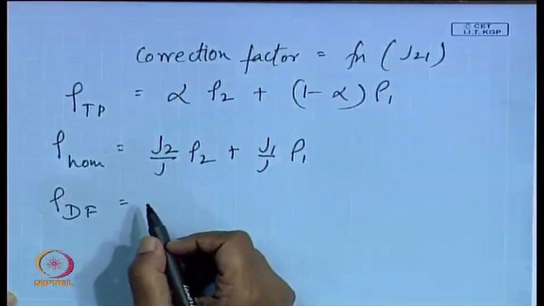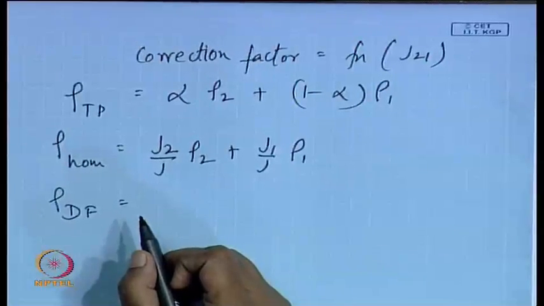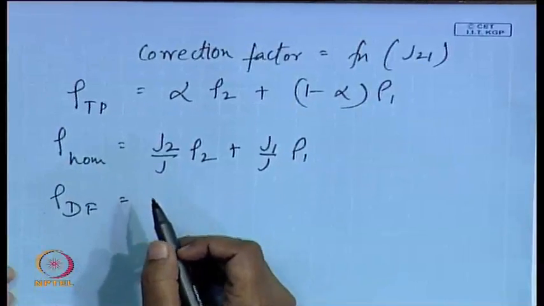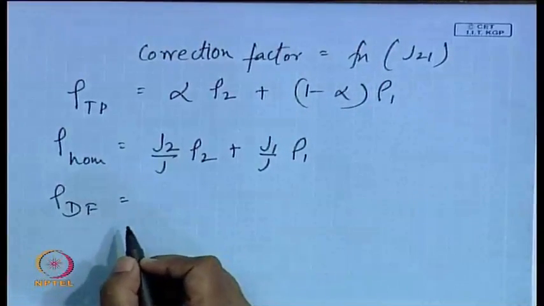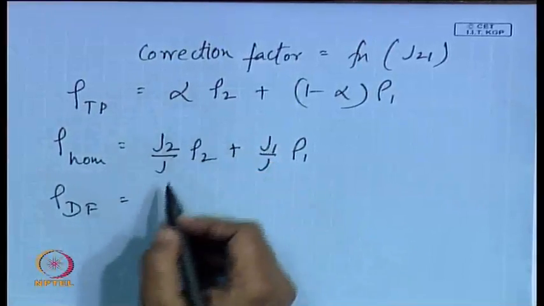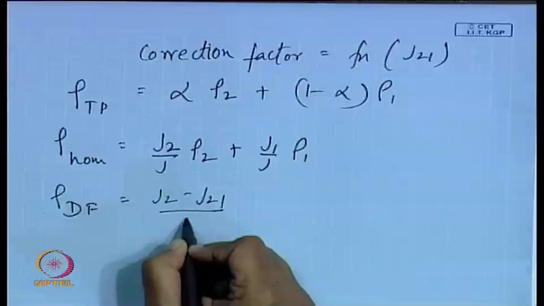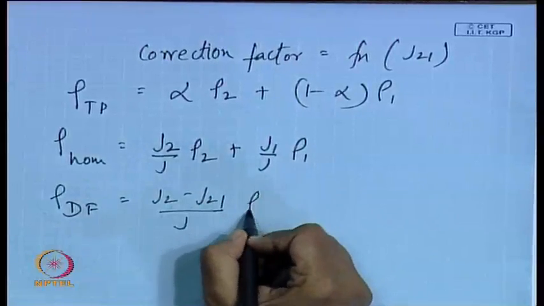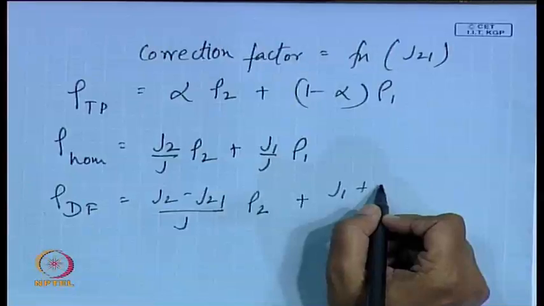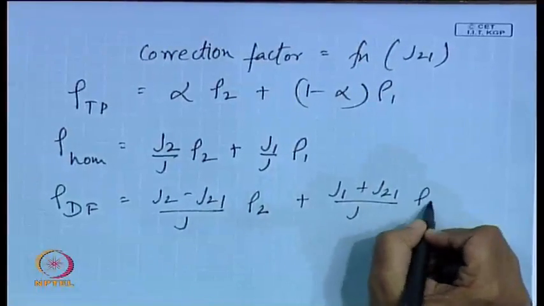Just substitute and then tell me what expression you are going to get. Instead of alpha, we can write J2 minus J21 by J into rho 2 plus J1 plus J21 by J into rho 1.